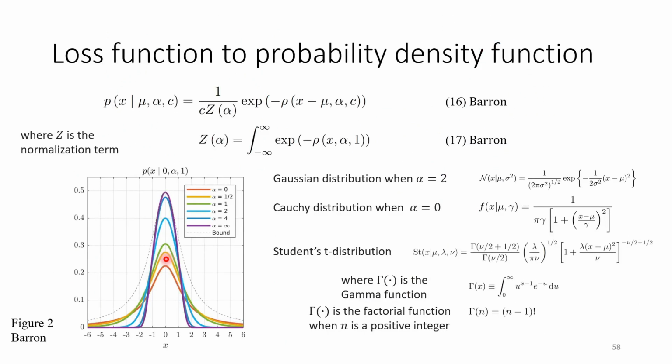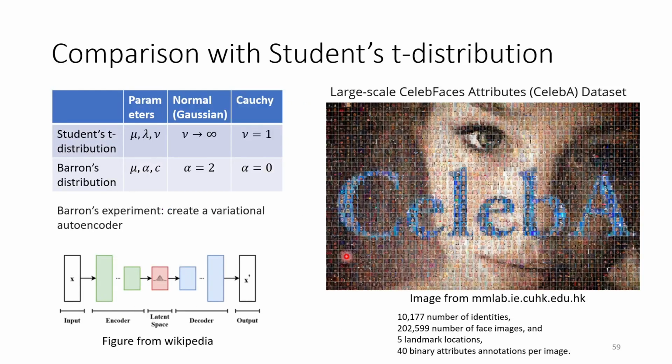So now, why do I need to mention the Student's t distribution here? Let me show this. Student's t distribution has 3 parameters: mu, lambda, and nu. When nu approaches infinity, it becomes a Gaussian distribution. And when nu is 1, it is the Cauchy distribution.